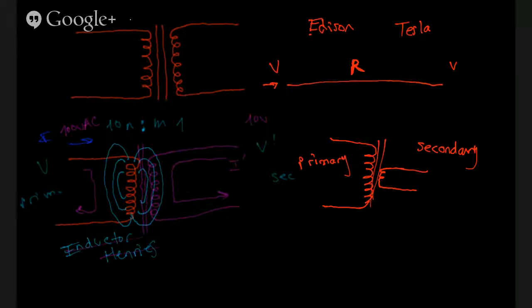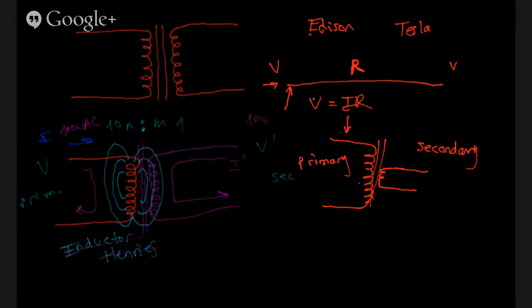So the only way to overcome this restriction from Ohm's law is, if we can have a really high voltage, assuming resistance is constant, we can decrease our current and we'll have less losses.